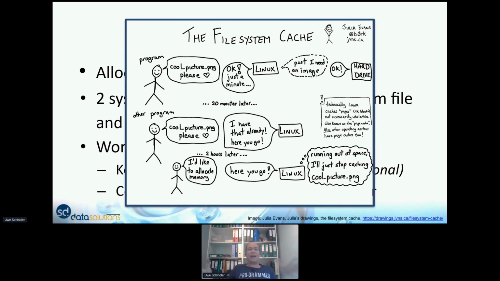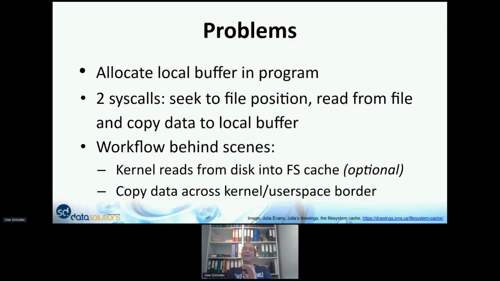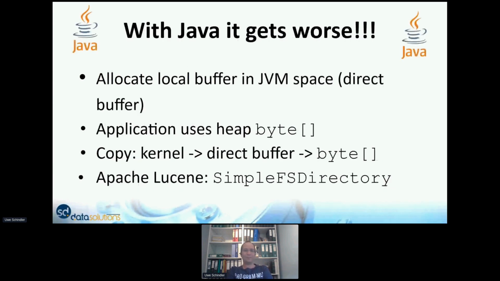It also allocates a little bit of disk space. And if there's not enough memory available, it just frees up cache space. So basically, that's how the file system cache works. We come back to that a little bit later, because this is just a very, very simplistic view of it.